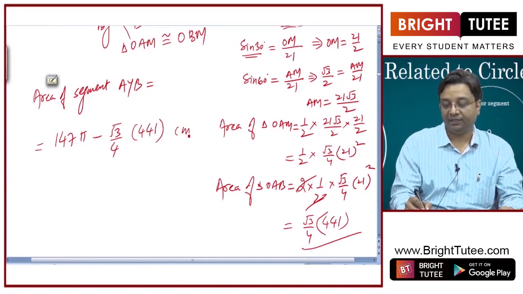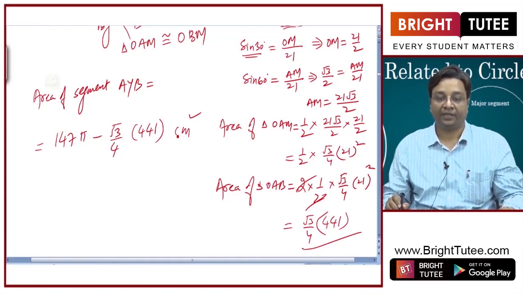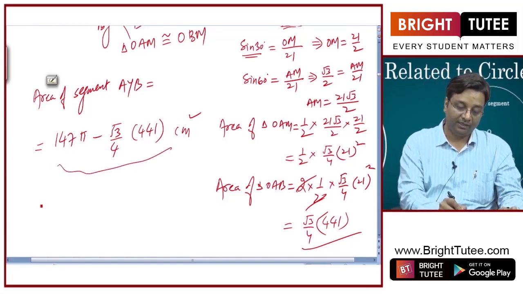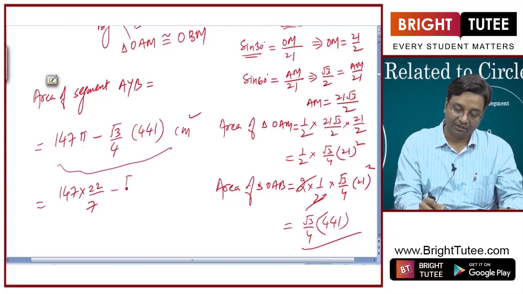The unit will be in centimeter square, right? This calculation part I am leaving it for you, right? You can take this pi as 22 by 7, 147 into 22 by 7 minus root 3 by 4, 441.